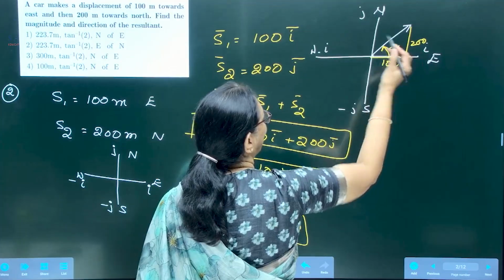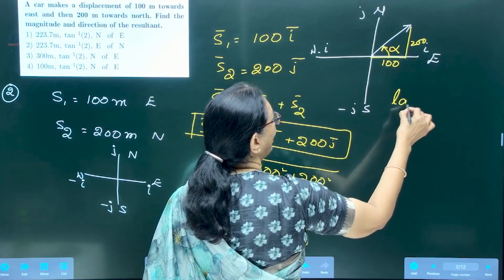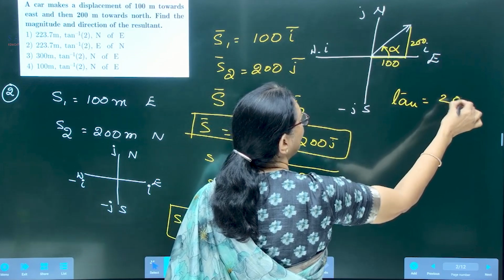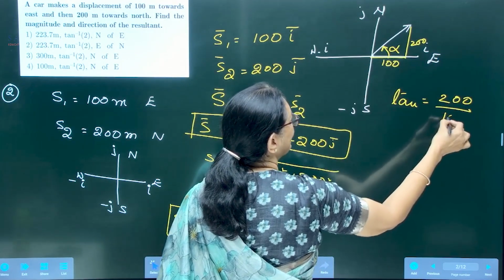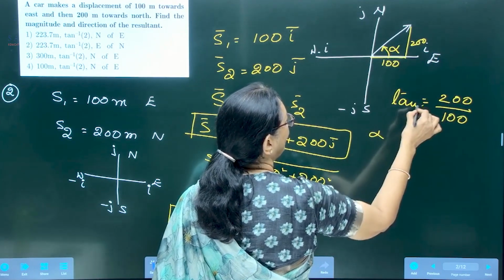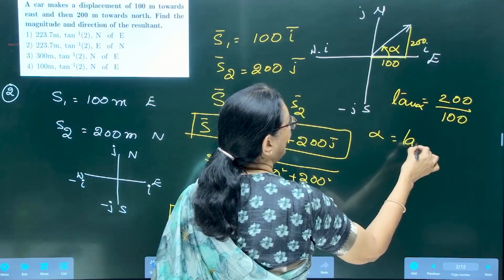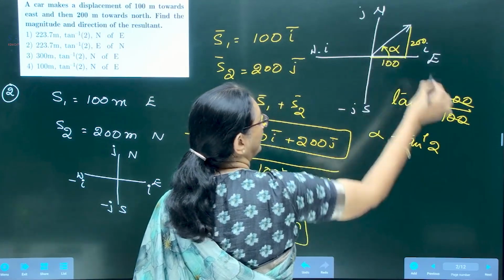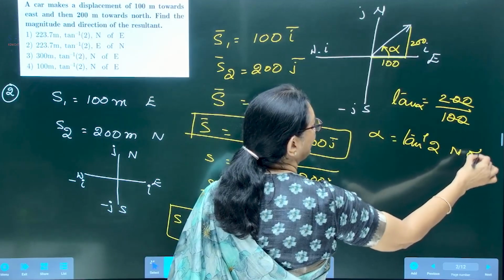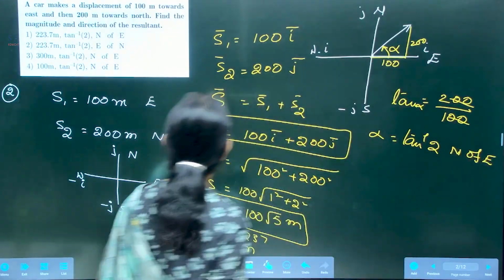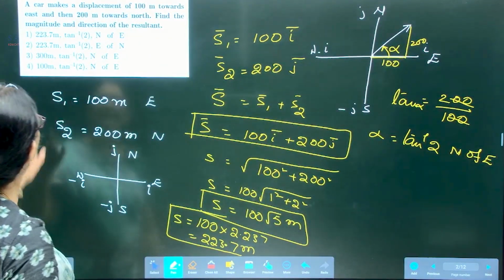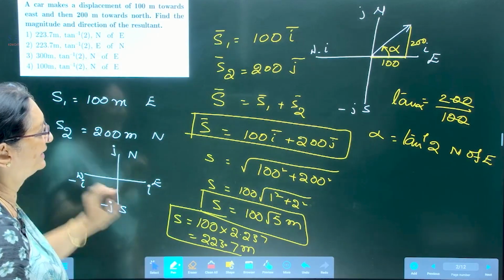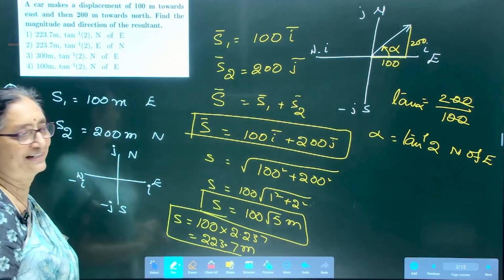Suppose we take that as alpha, tan alpha is equal to opposite side 200, adjacent side 100. So alpha is equal to tan inverse 2, north of east. So the first option, tan inverse 2 north of east, is correct.